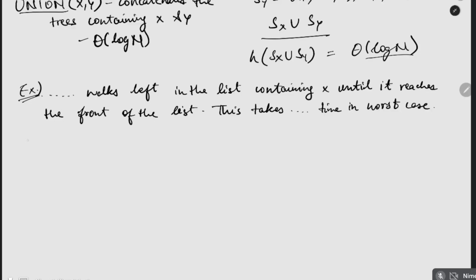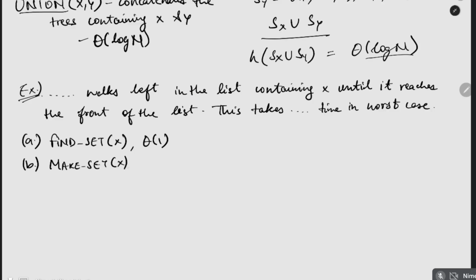Right. So in this statement, are we talking about the find set algorithm, and it has, in the worst case, a constant time complexity? Or are we talking about make set that has quadratic time complexity? Or are we talking about find set, and it has a worst case of linear time complexity?